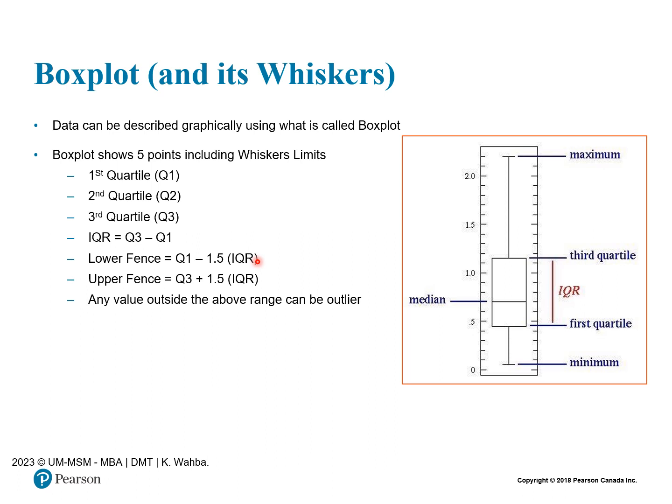So if the box is big, then the lower fence will be very low, and the upper fence will also be high. That means the lower and upper boundaries are determined based on the size of the box. That's why we call it a box plot, and these two fences we call whiskers. In many cases, we use this box plot with whiskers.